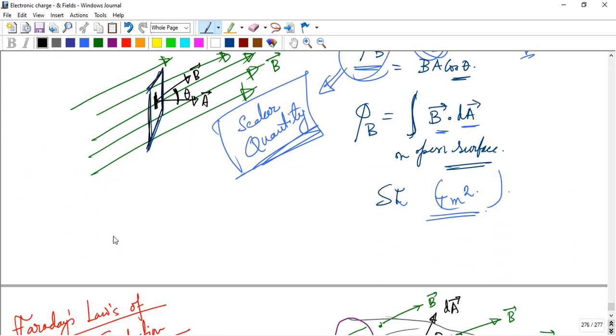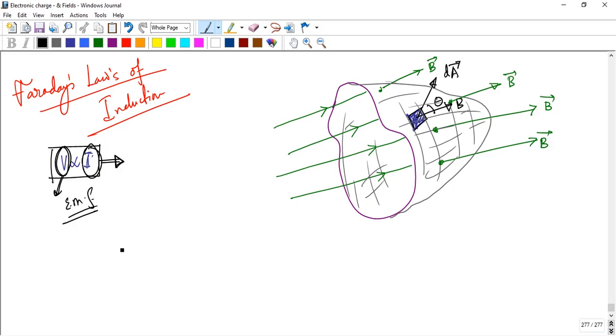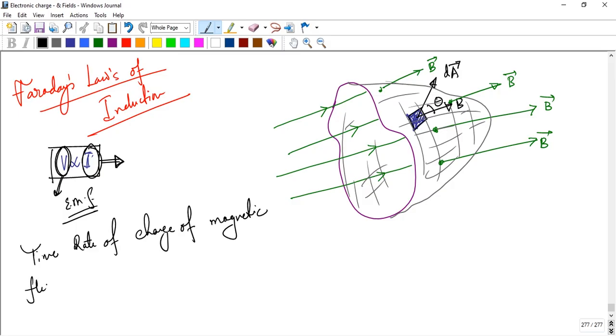These three experiments show the concept. Now Faraday concludes that the time rate of change of magnetic flux through a circuit produces an induced EMF.